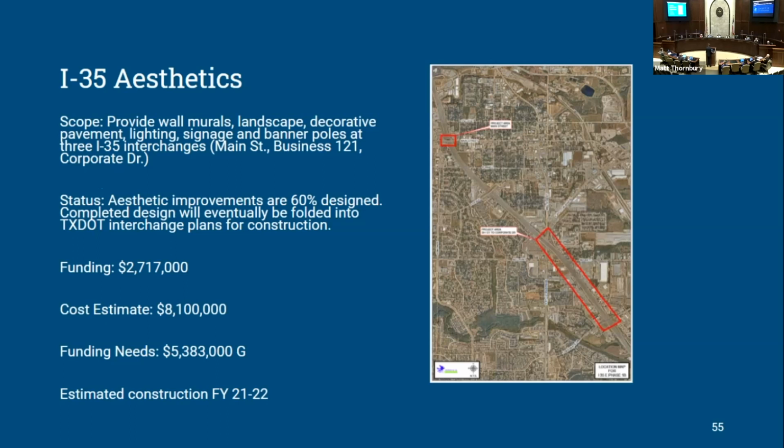I-35 aesthetics. We're at about a 60% design, and we're desperately trying to wrap the design up on that project so that we can deliver the plans to TxDOT so they can in turn incorporate those plans into theirs.